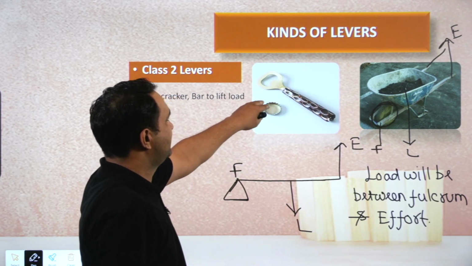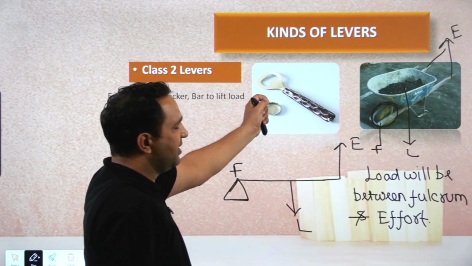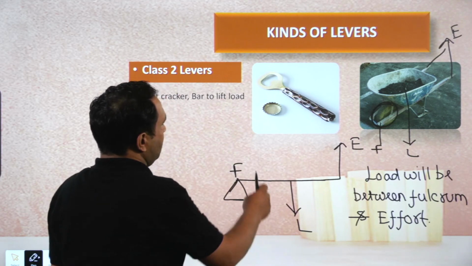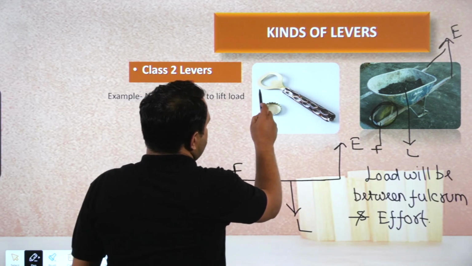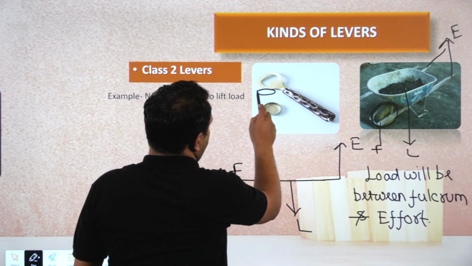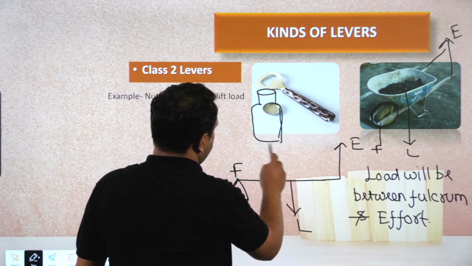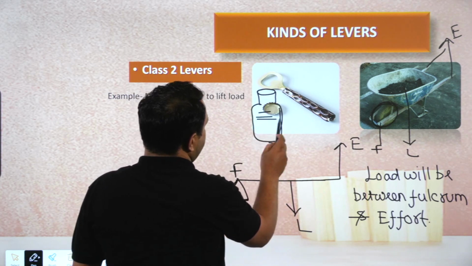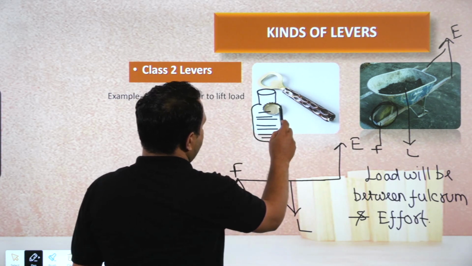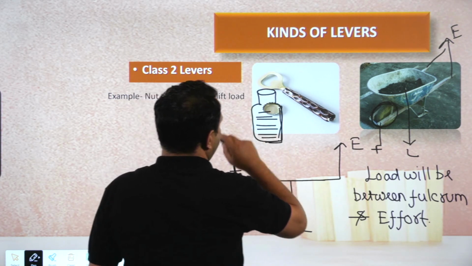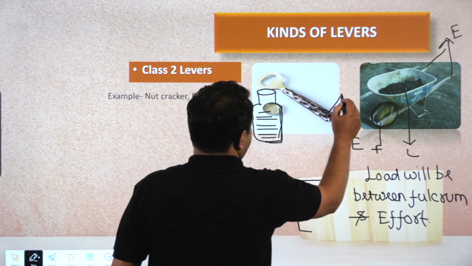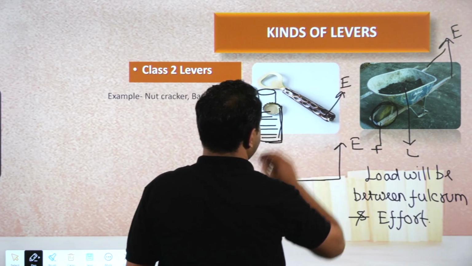Another example is this, the bottle opener. Suppose that this is the bottle which we have to open. Milk is there inside, not cold drink. So we have to open here. We are applying effort from here.